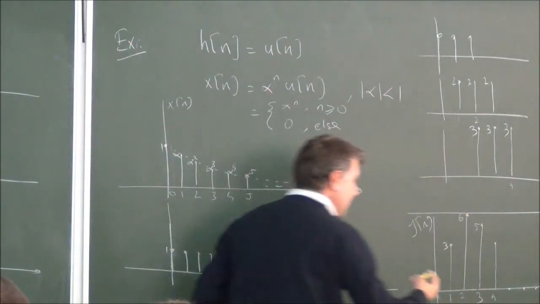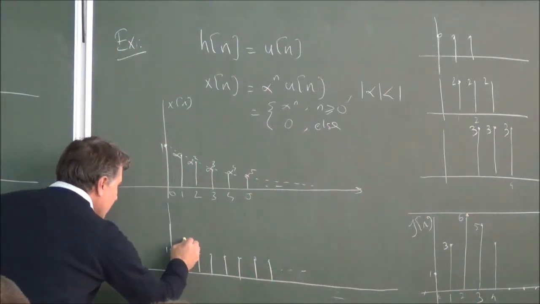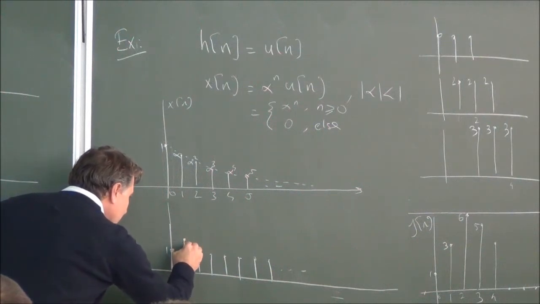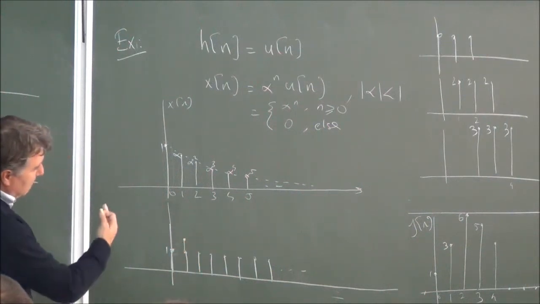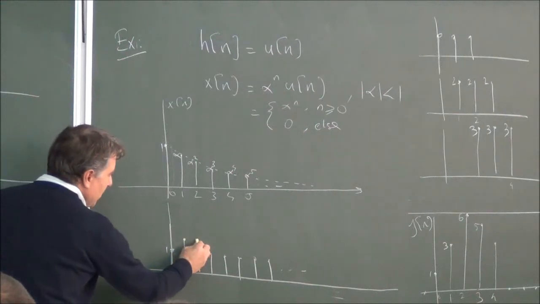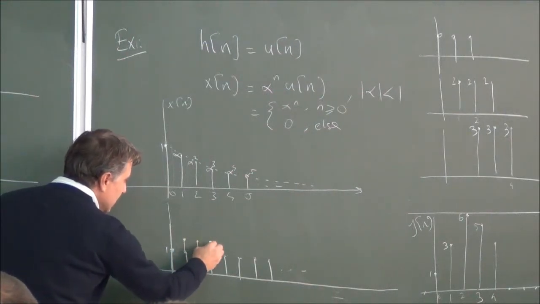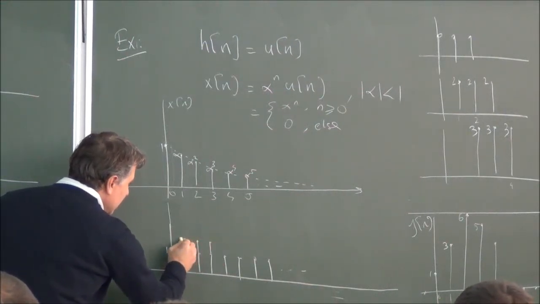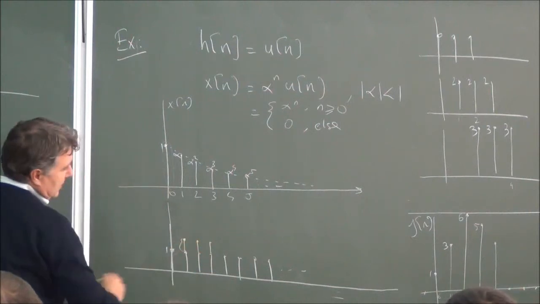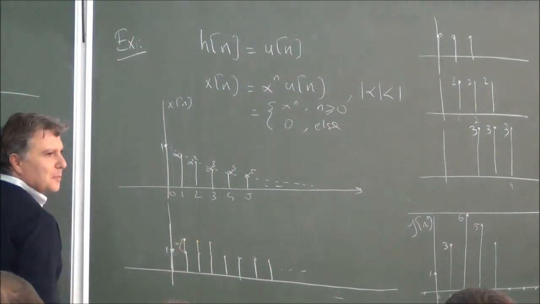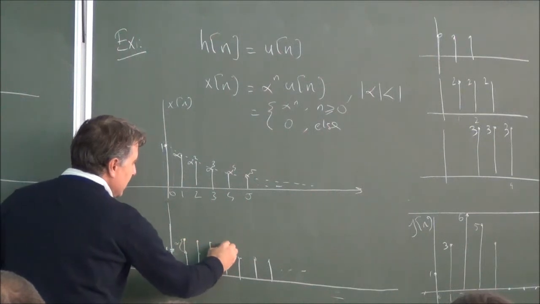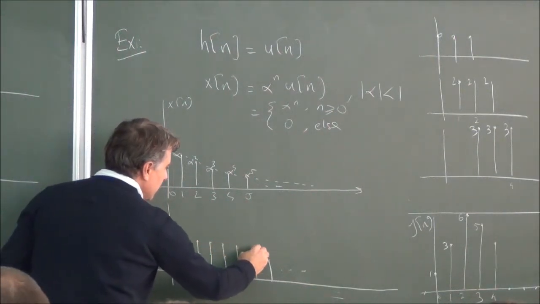Let me use this yellow chalk. I'm trying to draw an incremental bar on top of these whites, and the size of this incremental bar is alpha, and it's all alphas that are added on top of this.